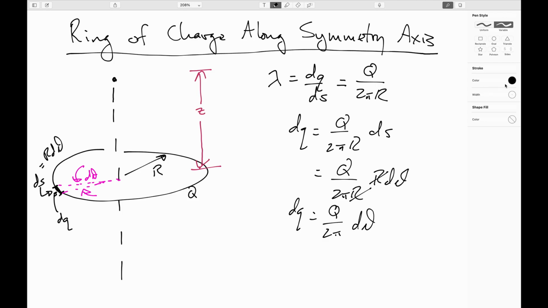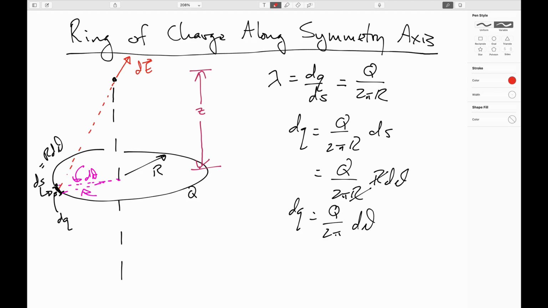So now that we have identified that, we want to go ahead and start figuring out its contribution to the electric field. So again, same deal. If we assume the charge is positive, the contribution to the electric field it makes, dE, will point off like this.